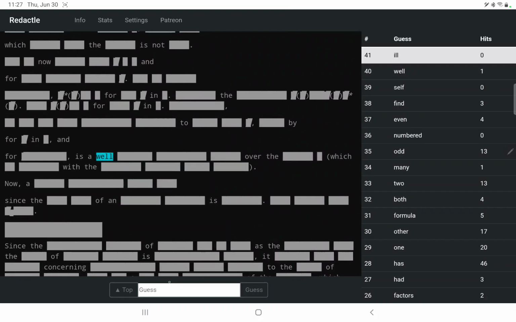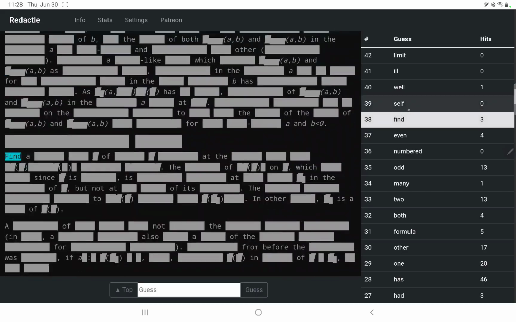Is a well, we know it's not known because we did that at the beginning. Is a well something. Let's try limit. Oh. Okay, let's try our finds.